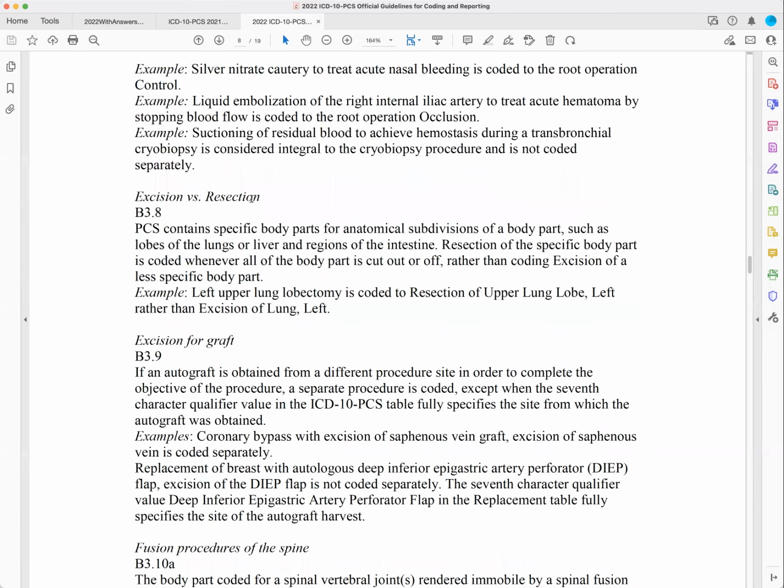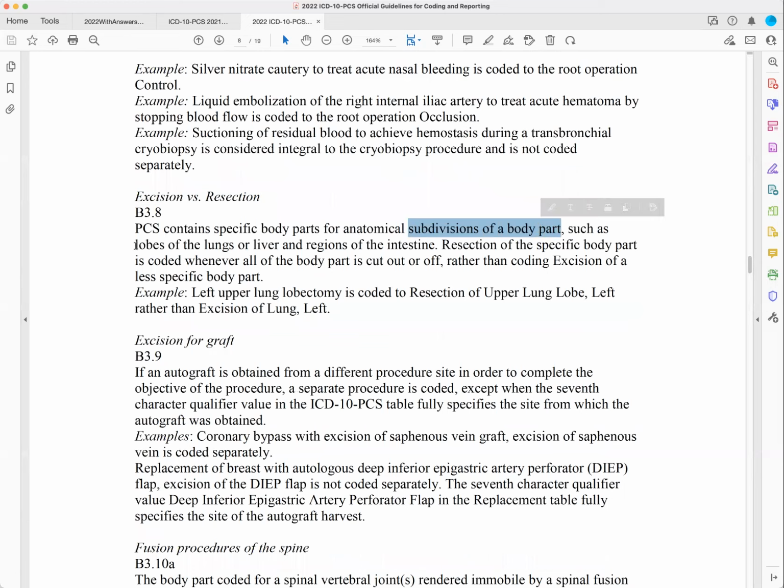Excision versus resection. And we talked a little bit about that, that partial versus all, part of a body part versus all of a body part. And so this is the guideline that tells you in order to make that determination, we're talking about the specific body part or subdivisions of body parts that are defined within PCS.